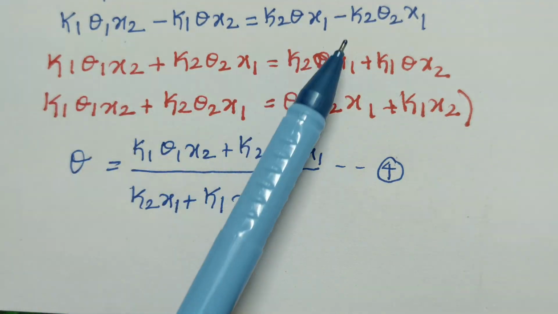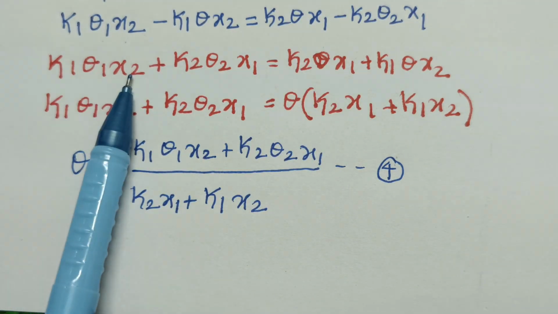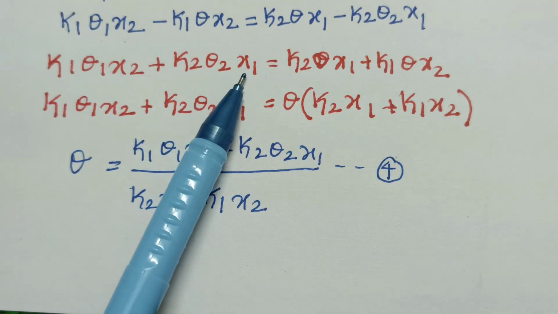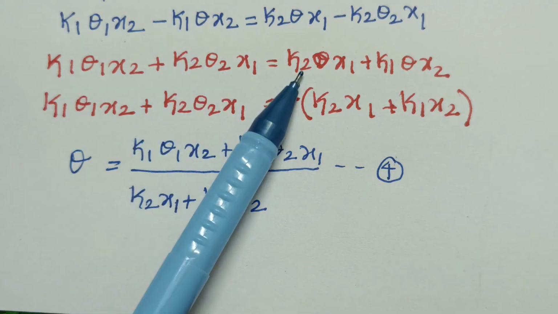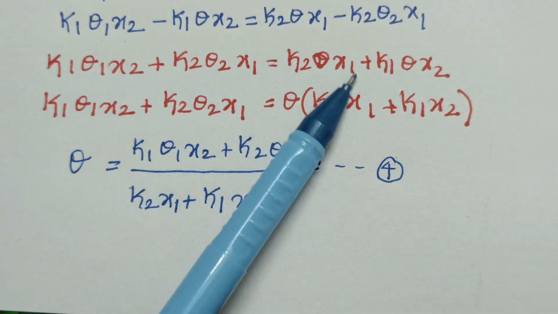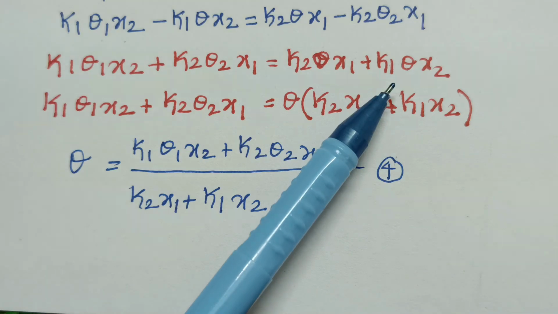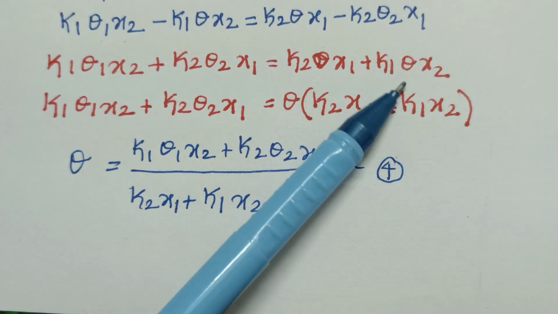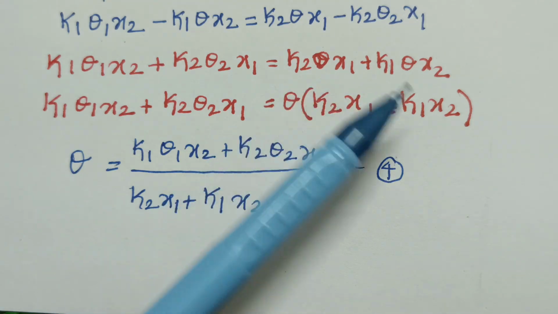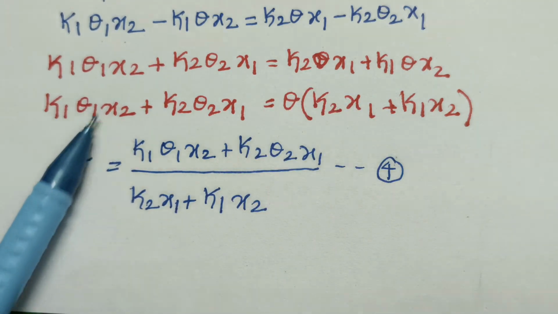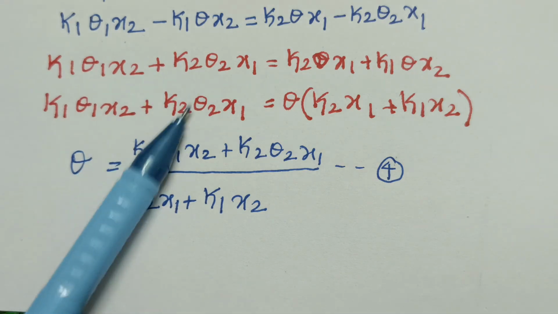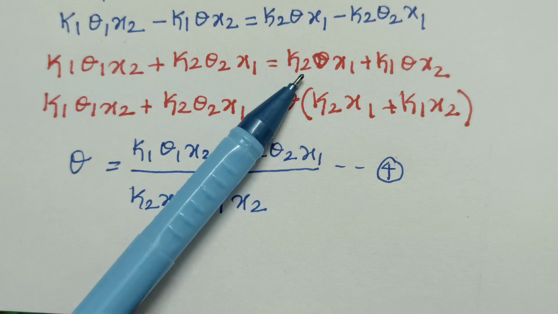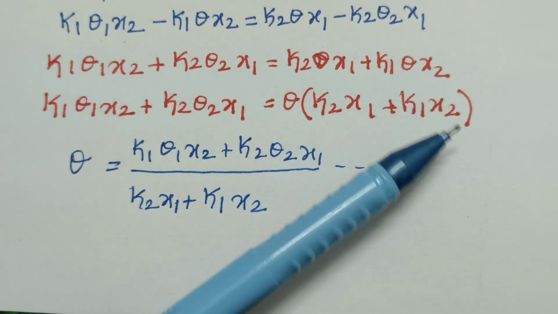Then you can simplify: K1 theta 1 x2, bring this to this side, equal to, K2 theta 2 x1 equal to K2 theta x1, this minus comes to the right side, K1 theta x2. Why do we bring this? Because the common term theta is there, we are taking this side. Then K1 theta 1 x2 plus K2 theta 2 x1 equal to theta taking outside into K2 x1 plus K1 x2.